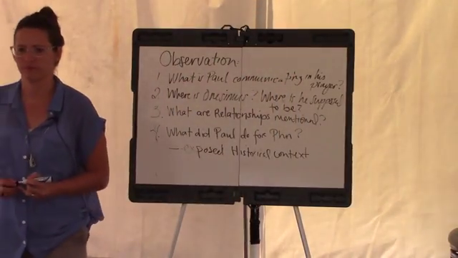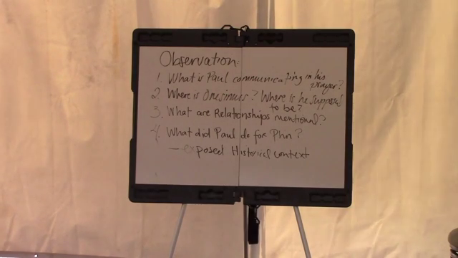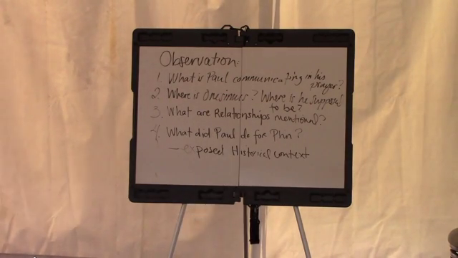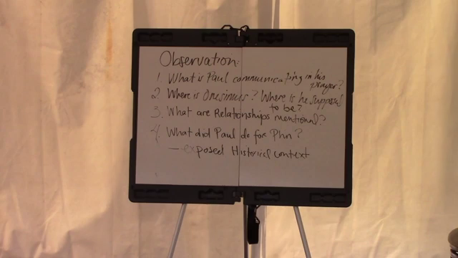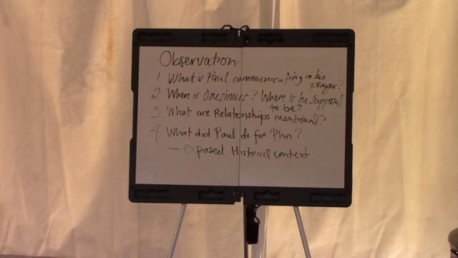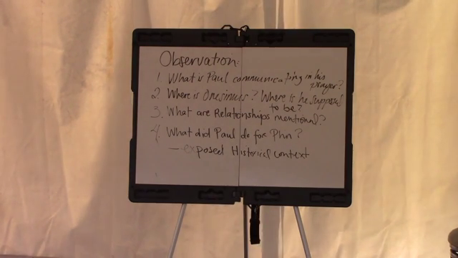But if we actually went through the text and observed yesterday, we would have come to the conclusion that maybe we should look up slavery so that we can understand the text more.